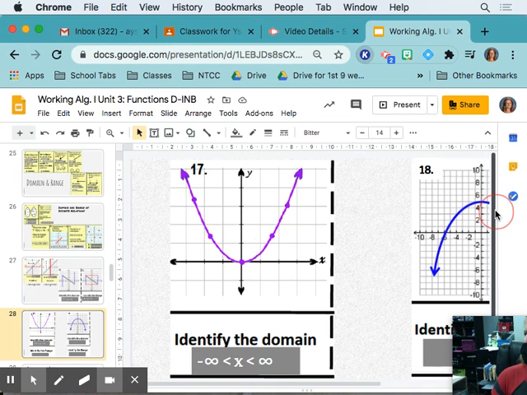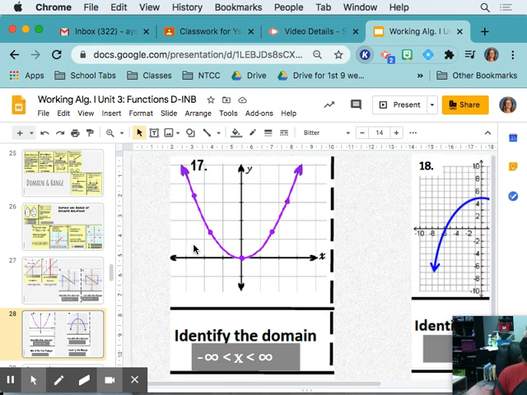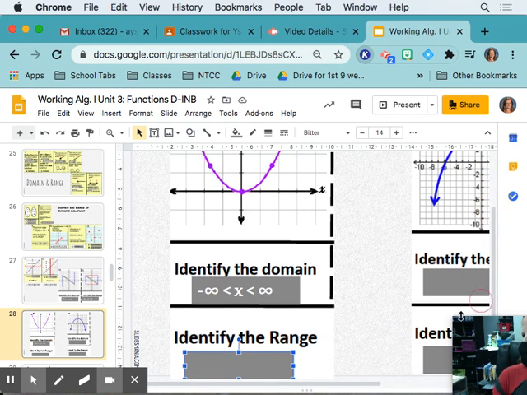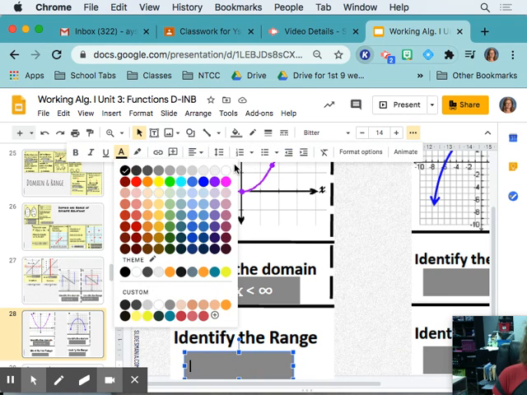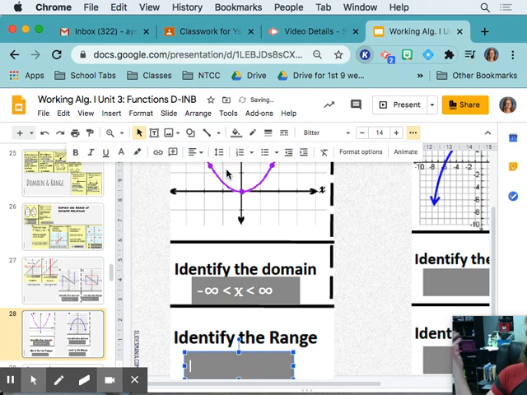How could we write it as an inequality? At 0 or higher. Is it also included? So since it's included, we would use greater than or equal to.